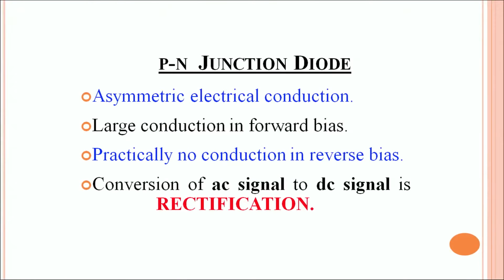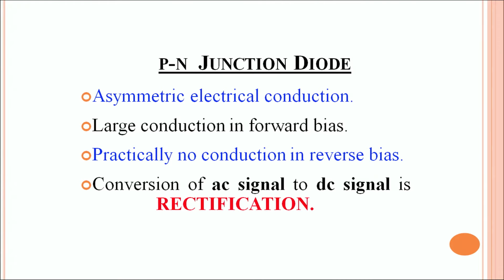In the reverse bias, the diode practically does not conduct, or else the diode ideally offers infinite resistance and blocks the current. This particular property of a PN junction diode is utilized in the process of rectification.